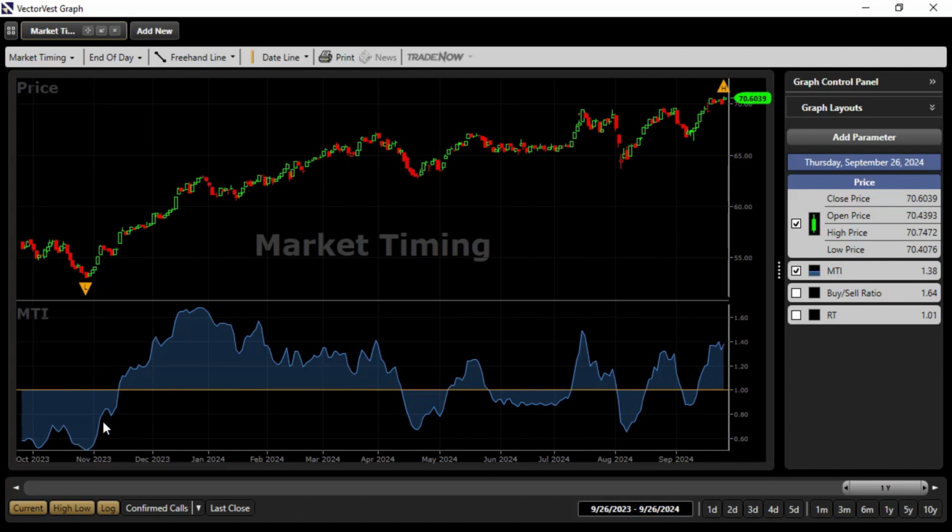So when the MTI crosses above 1, the market is in uptrend. When it crosses below 1, the market's in downtrend. And I also note, if I add a date line here, that the valleys and the peaks line up pretty well with the valleys and the peaks of the market movement.